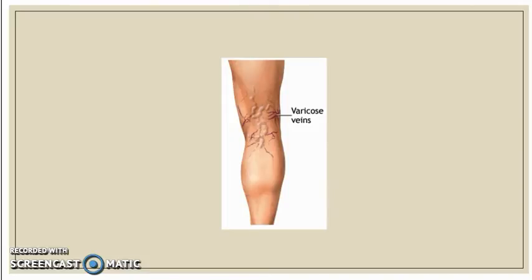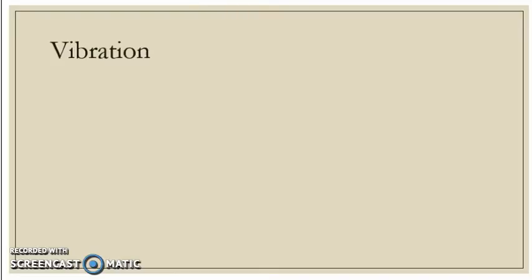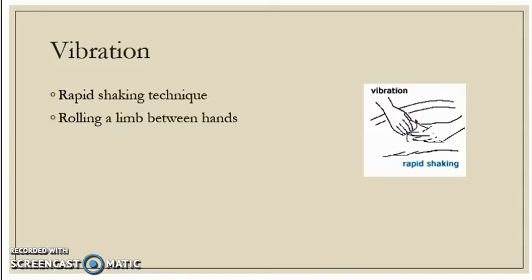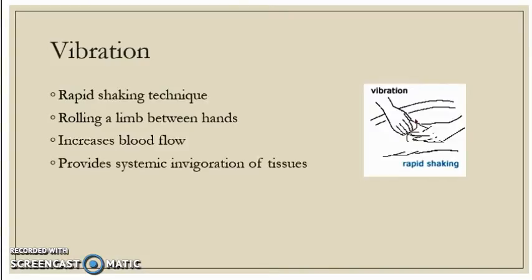The last massage technique is the vibration technique, where it is a rapid shaking technique or even rolling a limb between your hands. This is to increase blood flow, and it can also provide systemic invigoration of tissues.